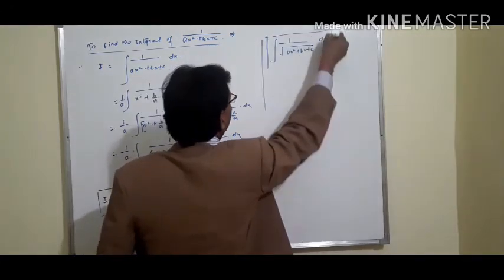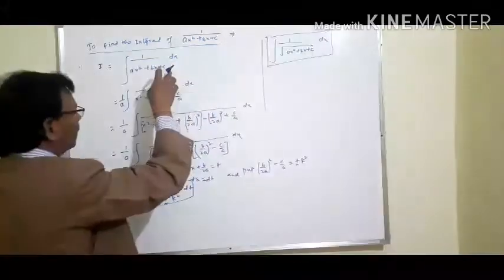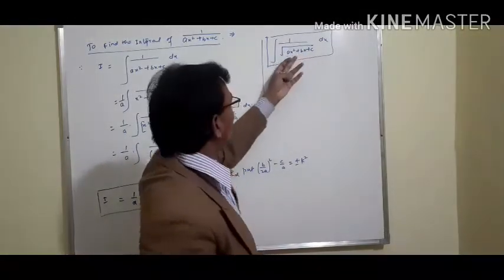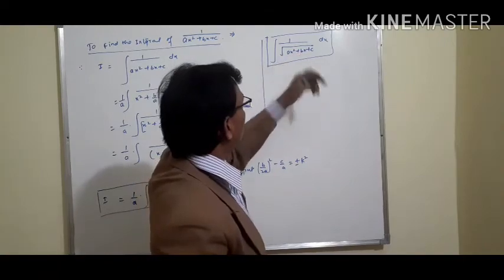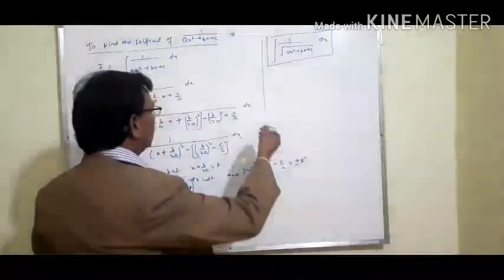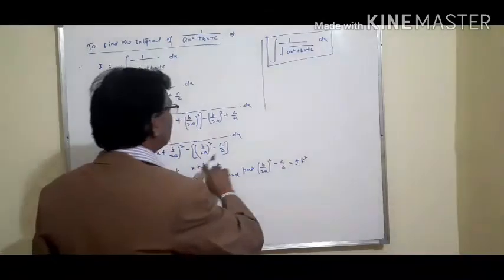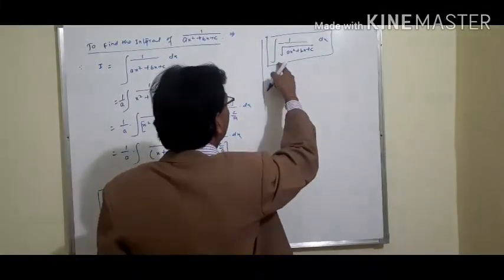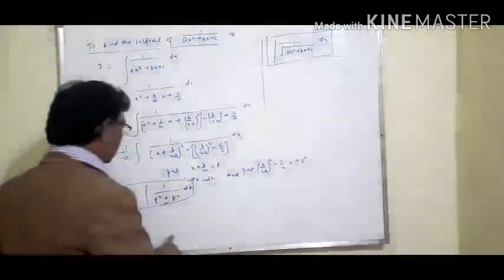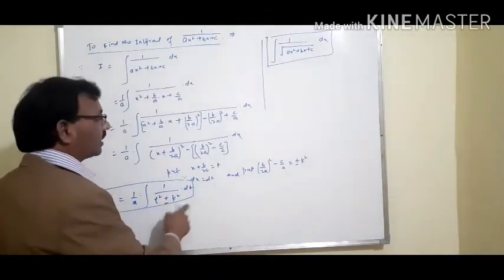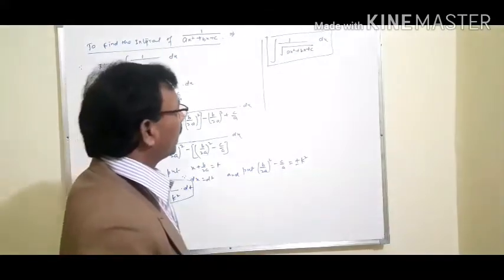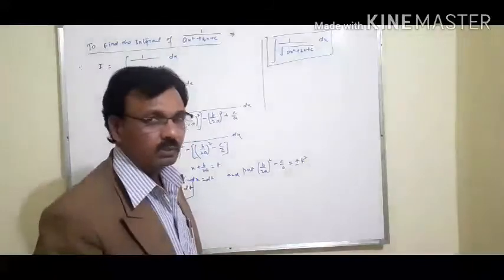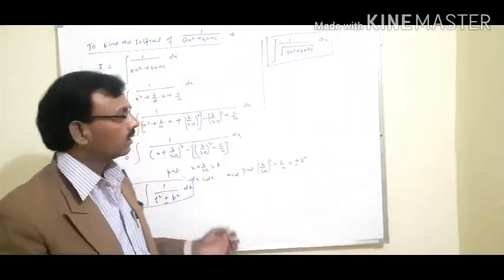If we apply the same method, that means first we change this into a perfect square, and in the last we can find the integration of 1 upon root under t square plus k square or t square minus k square, and then we find the integration of this function. Now in the next video we will take another function.